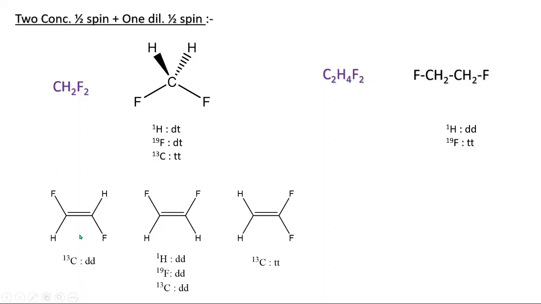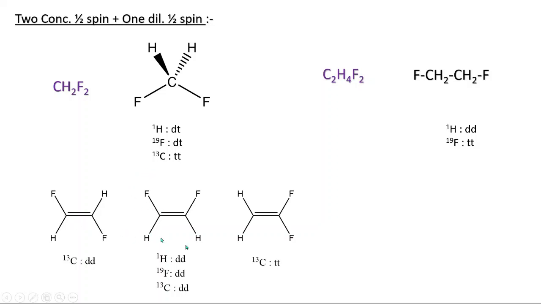So this is done. Now if you see this molecule, this hydrogen has a 1J coupling that will give a doublet due to this carbon, and a 2J coupling to fluorine that will give a doublet of doublet, which I have mentioned here. Similarly for fluorine, a doublet of doublet, and for 13C we will get a doublet of doublet.